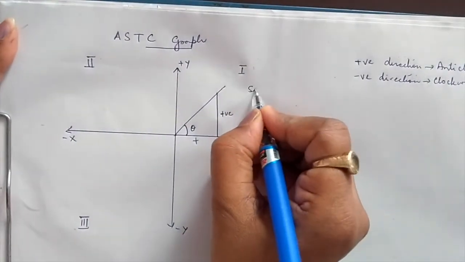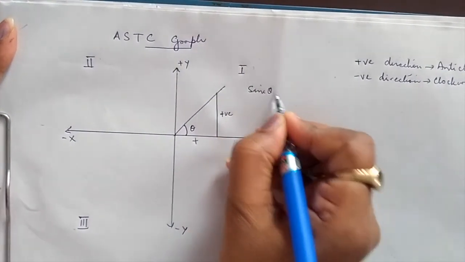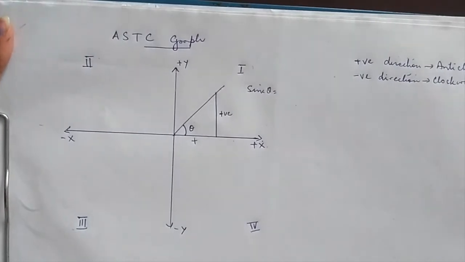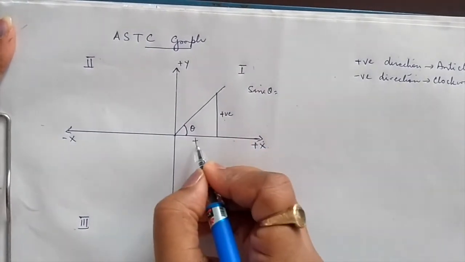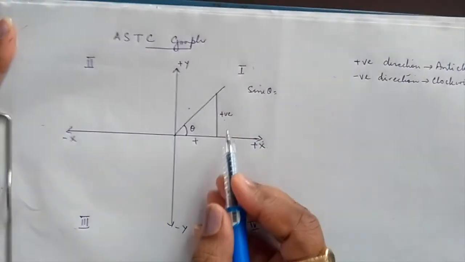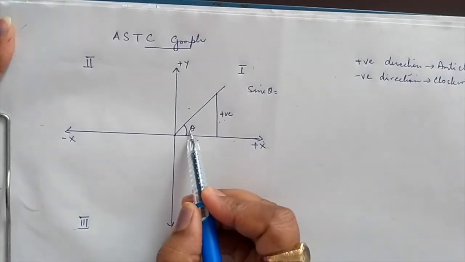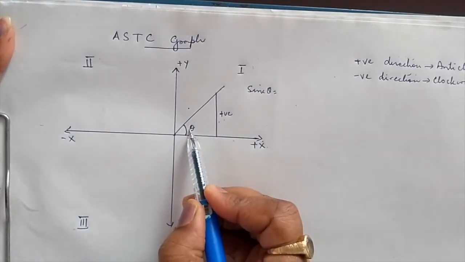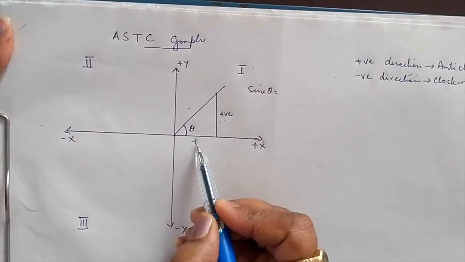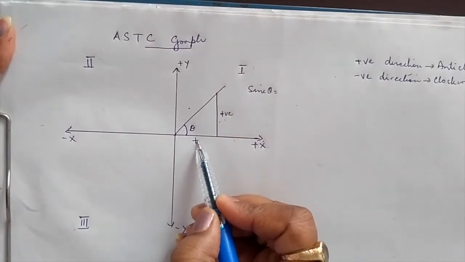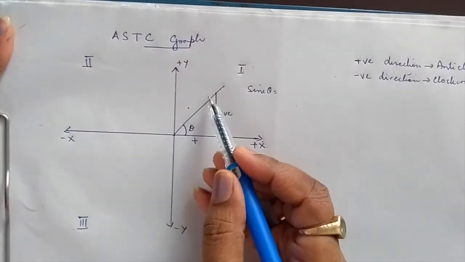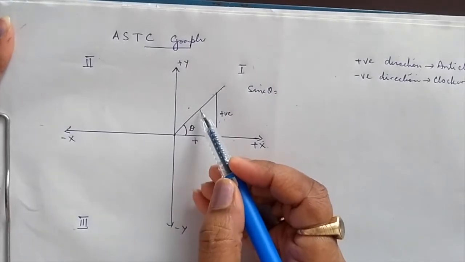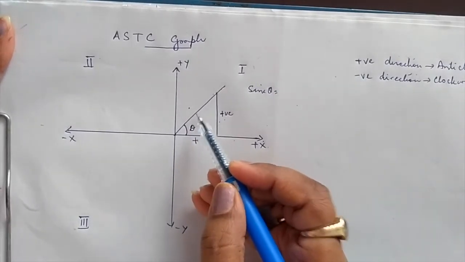Now sine theta I know is p by h. If this is p, this is b, this is h. We should remember the side opposite to theta is termed as p, the other side containing the right angle is the base, and the hypotenuse is the longest side of the right-angled triangle, which is always taken as positive.